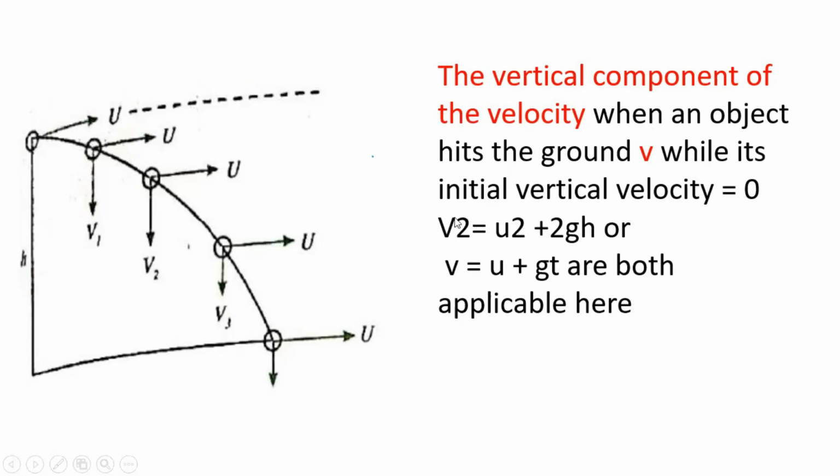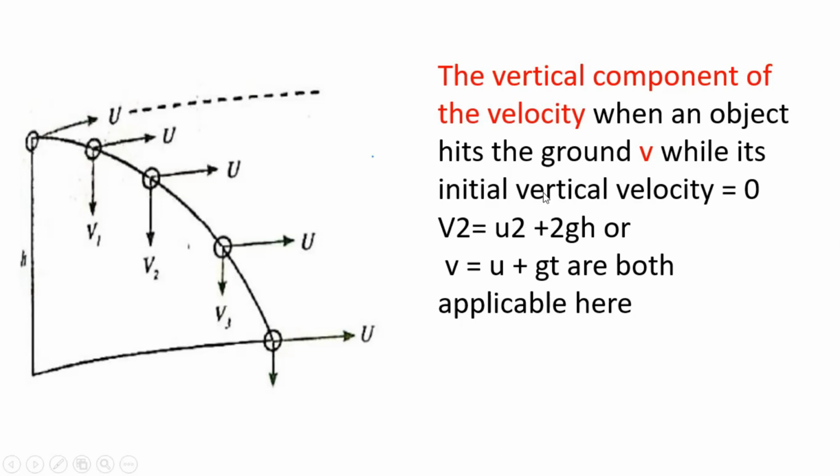So you have v squared equals u squared plus 2gh, or v equals u plus gt, and both are applicable.